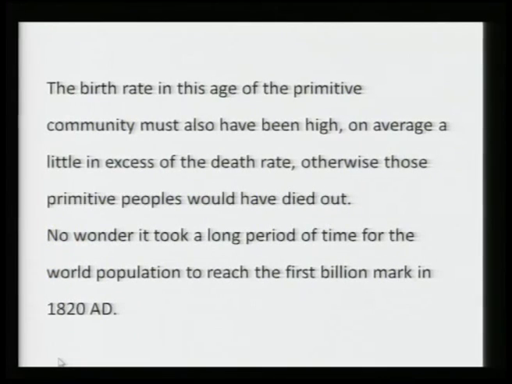Our birth rates must have been slightly higher than the death rates. No wonder it took a long period of time for the world population to reach the first billion mark. The first billion in the history of world population was reached in 1820 AD.